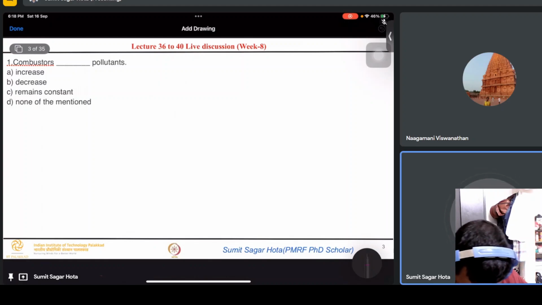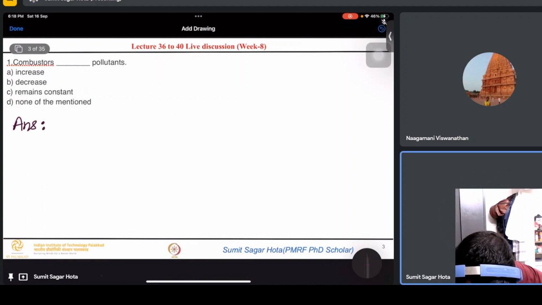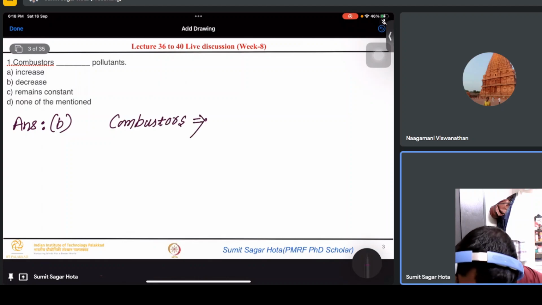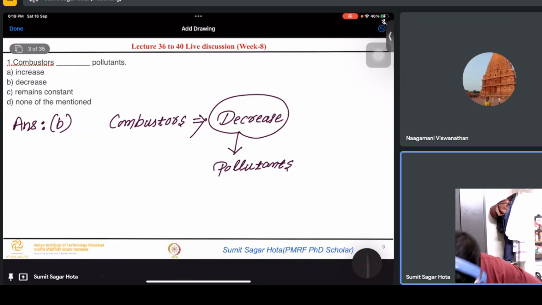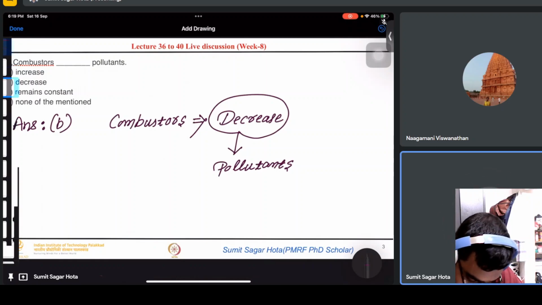The combustor always decreases the pollutants. The answer is B.